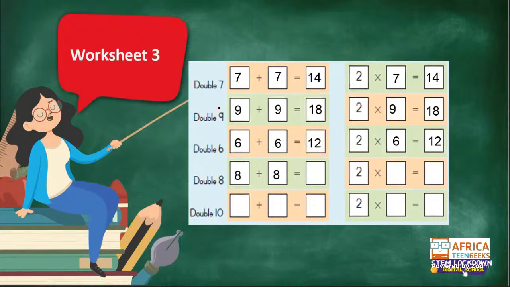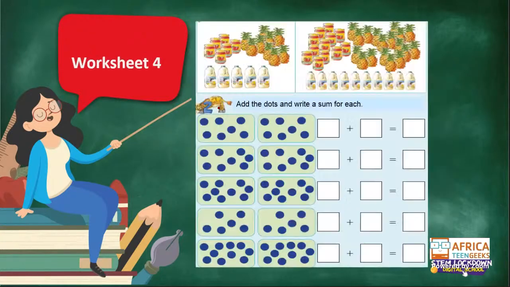There you are. 8 plus 8. Answer is 16. 2 times 8 equals 16. Same thing. Here we do the times, and at the first one we plus together. Double up 10. 10 plus 10. And that equals 20. And 2 times 10 also equals 20.